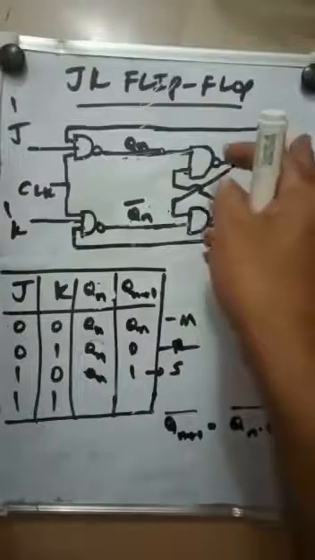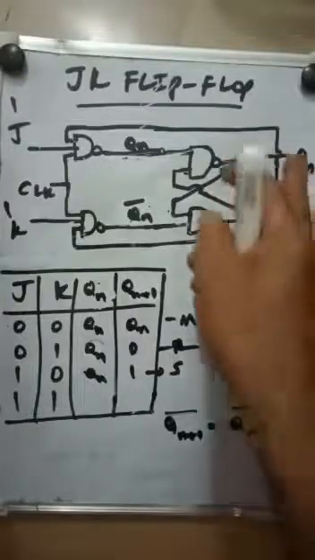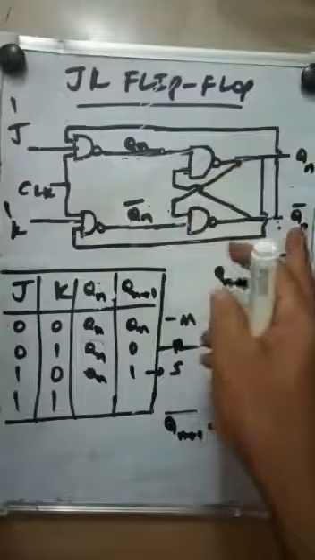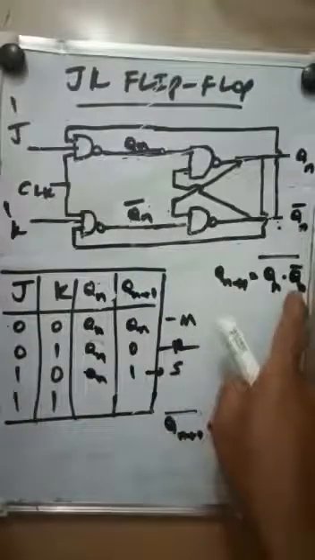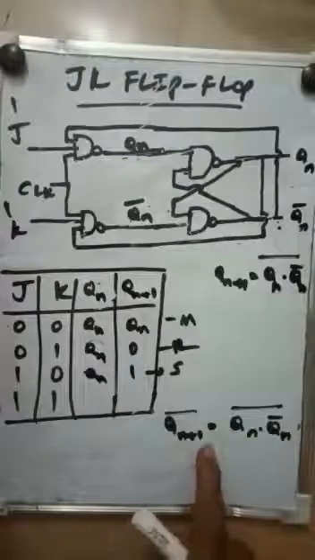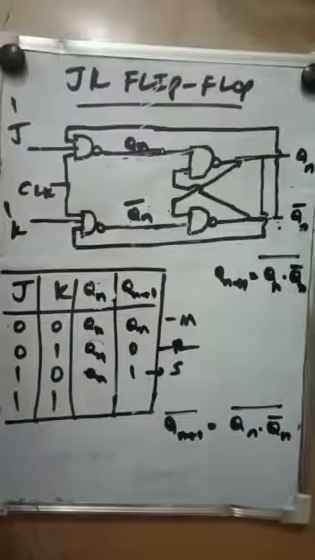But suppose if this state is 1 and this state is 1, practically it is impossible because it is opposite to the principles. So similarly here Qn plus 1 state is Qn bar, and similarly this Qn plus 1 whole bar is also Qn bar, but the same thing arrives in the case of RS latch or RS flip flop.